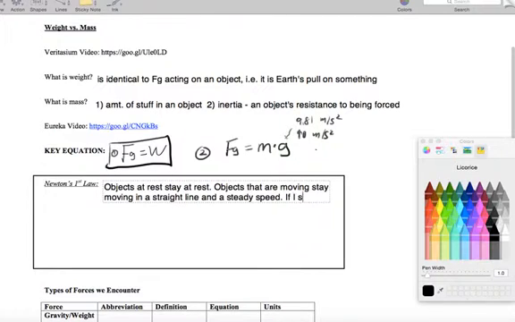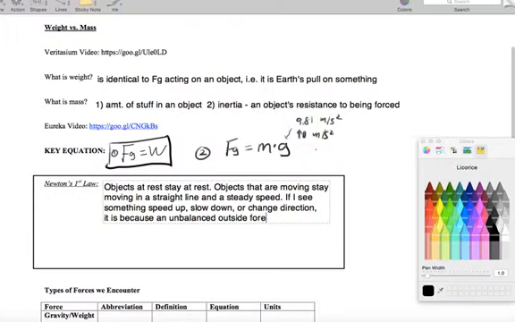If I see something speed up, slow down, or change direction, it is because an unbalanced outside force has made this happen.